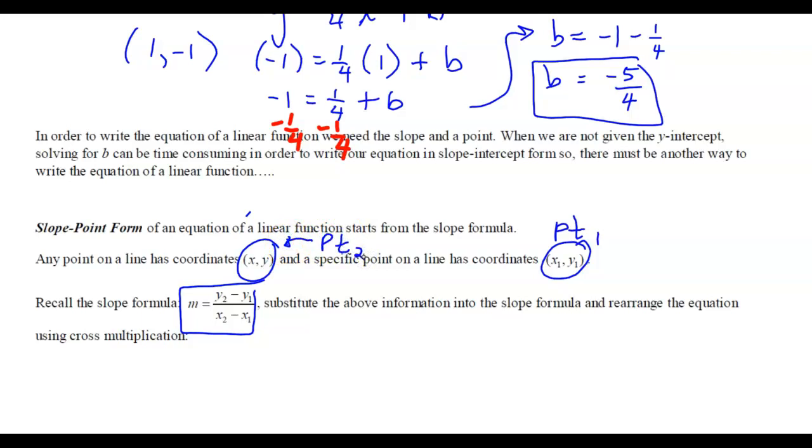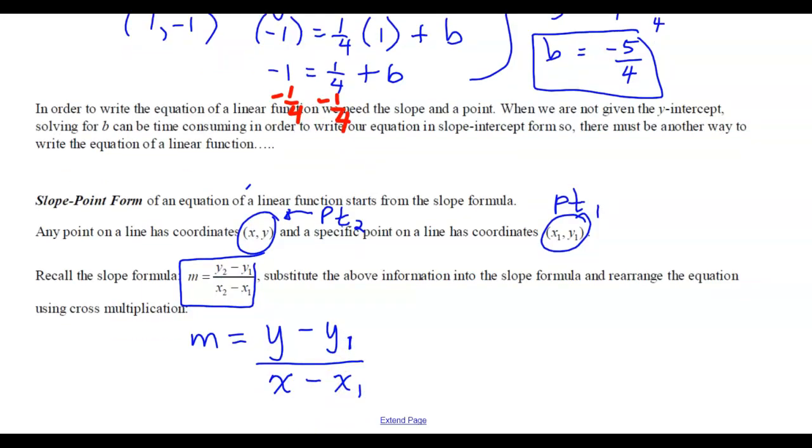So if we put in point 2 and point 1 in here, then it's going to be y, no subscript, just y minus y1 over x minus x1. Then it says rearrange the equation using cross multiplication.